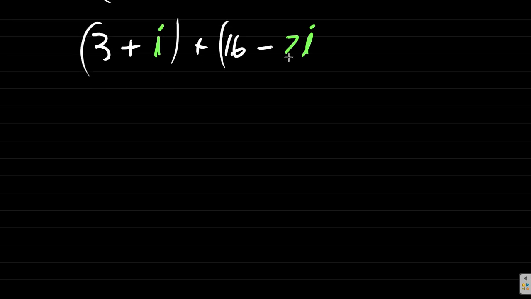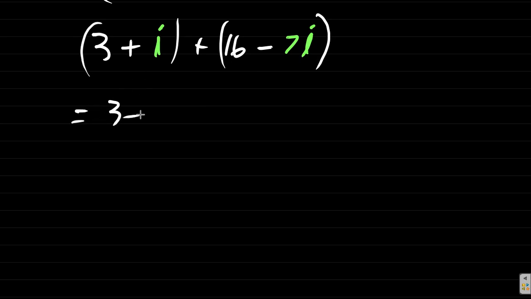So let's look at a few examples with numbers. Suppose we have 3 plus i plus 16 minus 7i. We're adding these two complex numbers. I can put them in a bracket, not necessary, but just to see them separate.